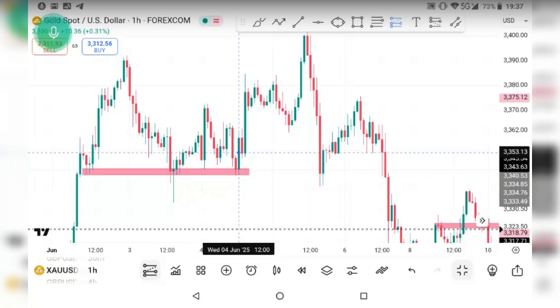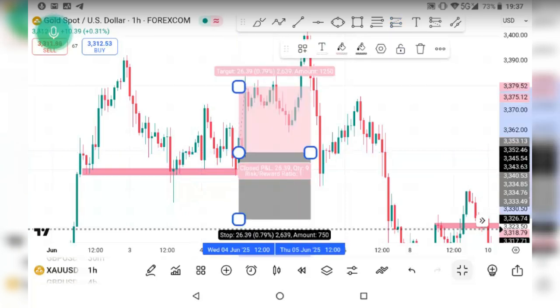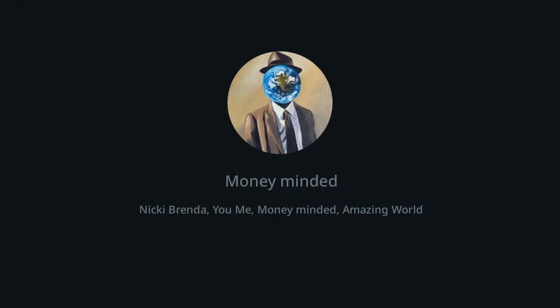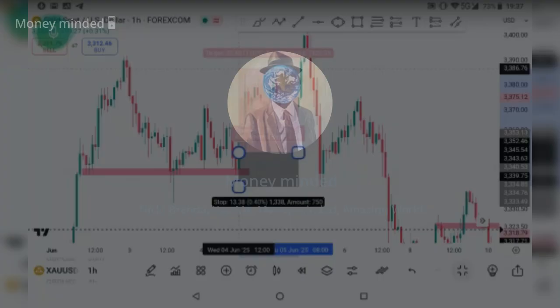Then you can place your entry from there. Stop loss a little bit below your support zone. Target a 1:2.50.